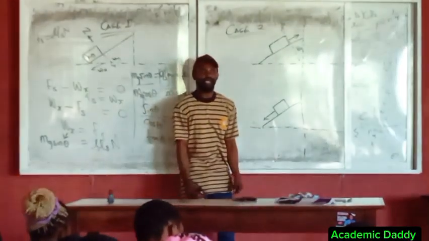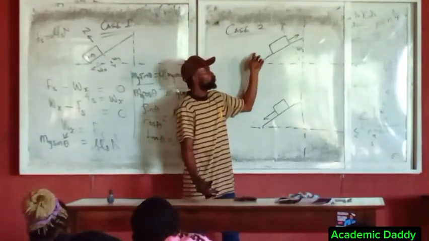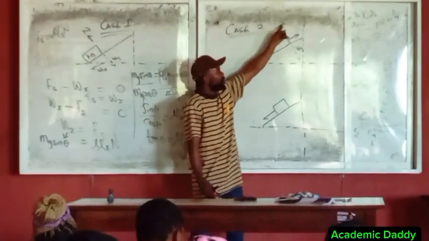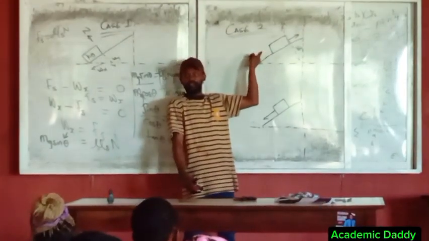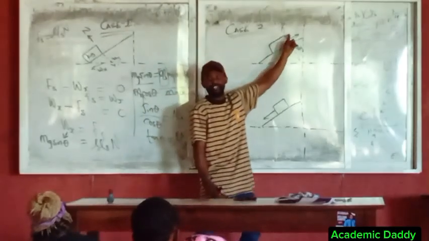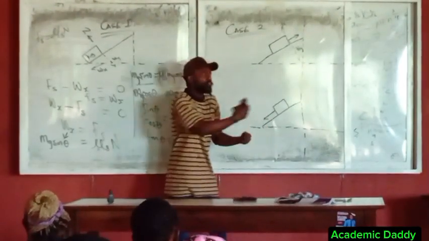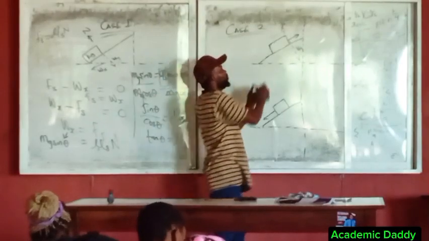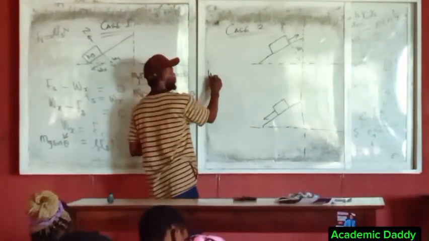In a situation where you are not pushing this body to go up, as it's going up, naturally gravity is always wanting to come this way, and kinetic friction is going this way. So if gravity is trying to go this way and you are trying to push it this way, you now have Ws.